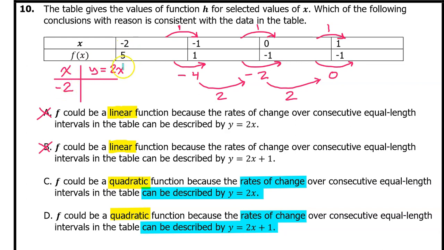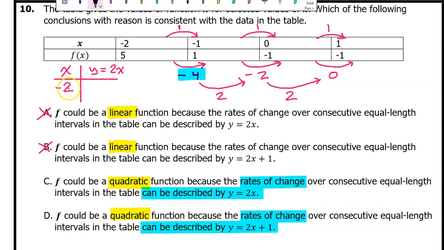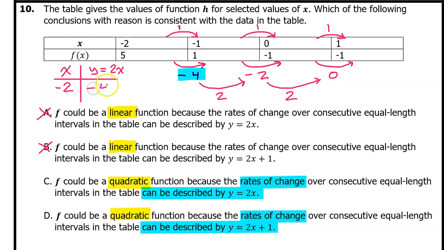Let's see if we plug in -2, will that in fact give us the first rate of change, which is -4? Well, if we plug in -2, 2 times -2 is -4. And that is the first rate of change. So the answer is going to be C.